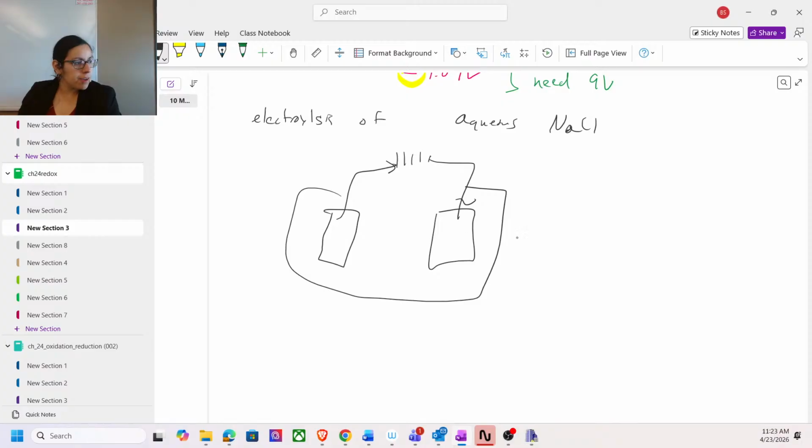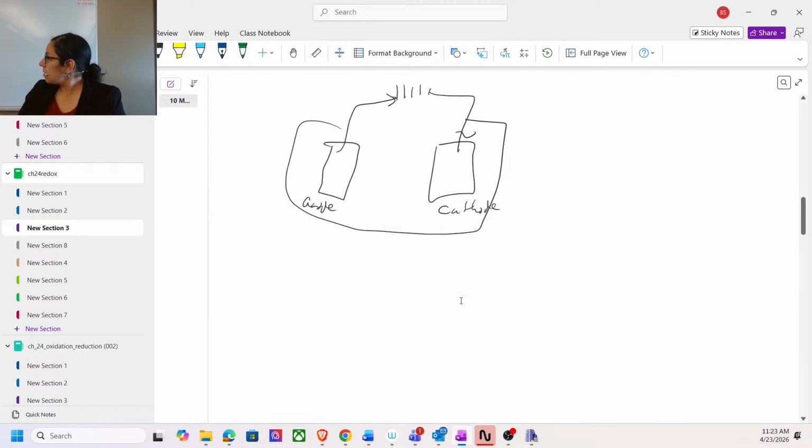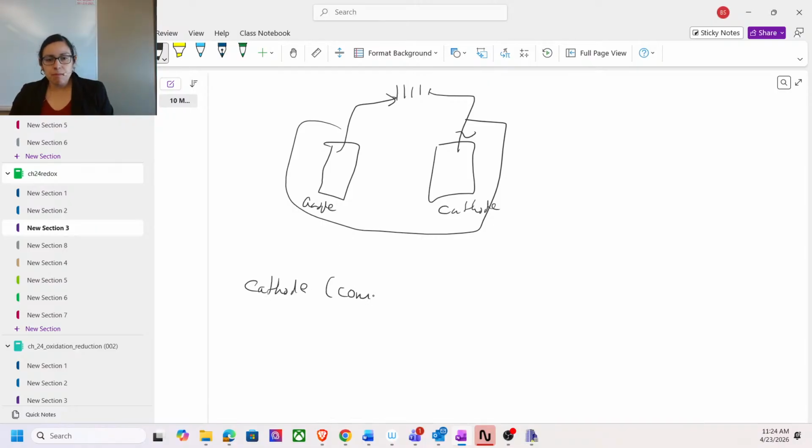So we have graphite pencils, our anode again, and cathode. And part of the lab was, okay, look at these competing reactions. What else could happen? That's what the pre-lab was, and what you maybe spent a lot of time on, the prep for this lab. And so again, looking at our cathode, we want to compare reduction reactions.